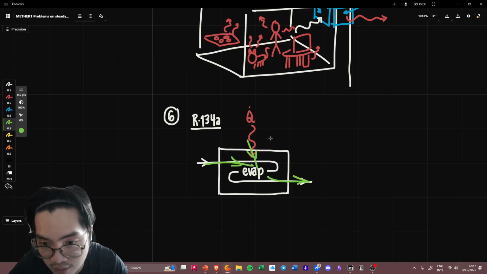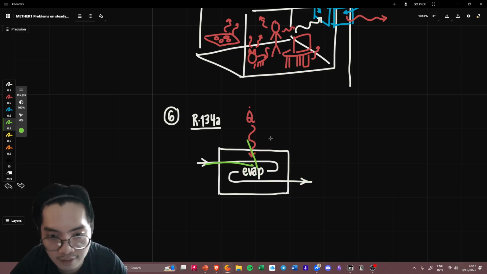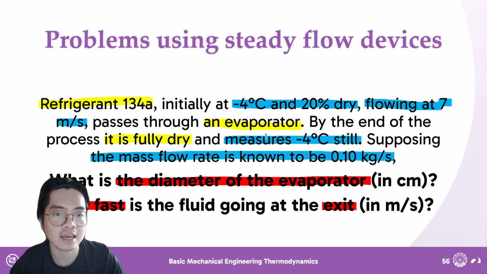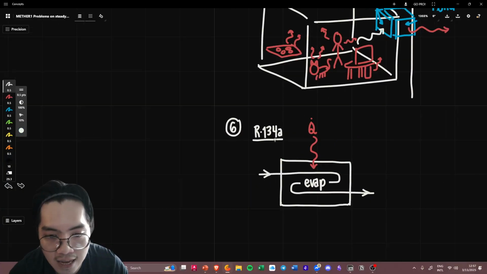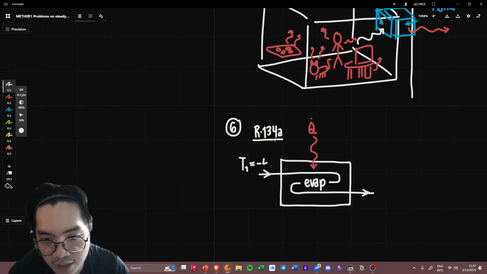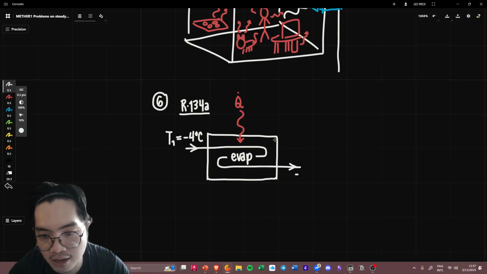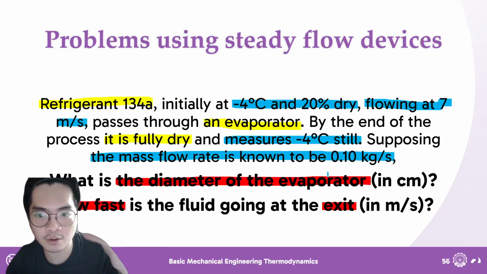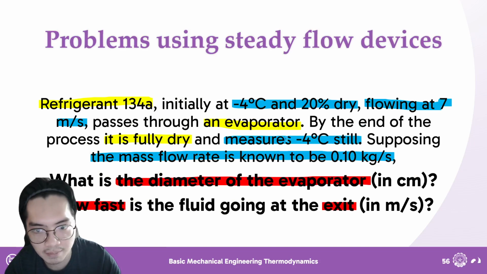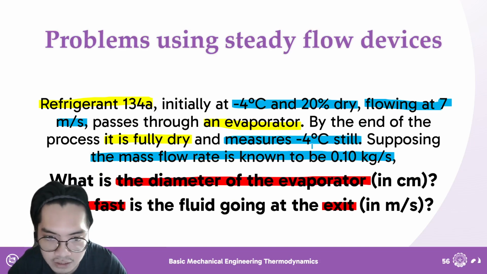These things go in, these things go out. If you remember, initially your refrigerant 134A is at a temperature of -4 degrees Celsius. And as you can see, it's still -4 degrees Celsius once it goes out of the evaporator. By the end of the process, it's fully dry and measures -4 degrees still.